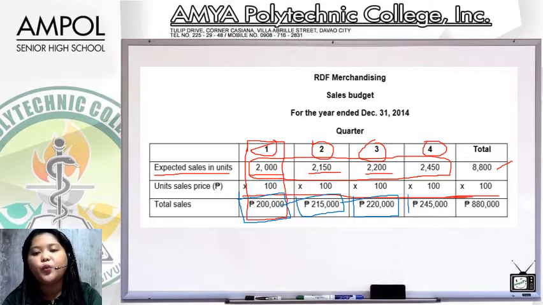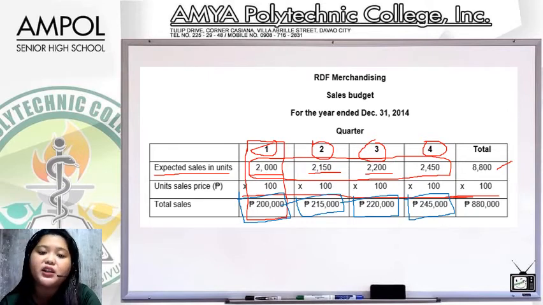And for the fourth quarter, we have 245,000 rather. The total for all of that is 880,000, meaning the sales budget is 880,000. As simple as that. You just have to remember the formula on how to compute the sales budget.